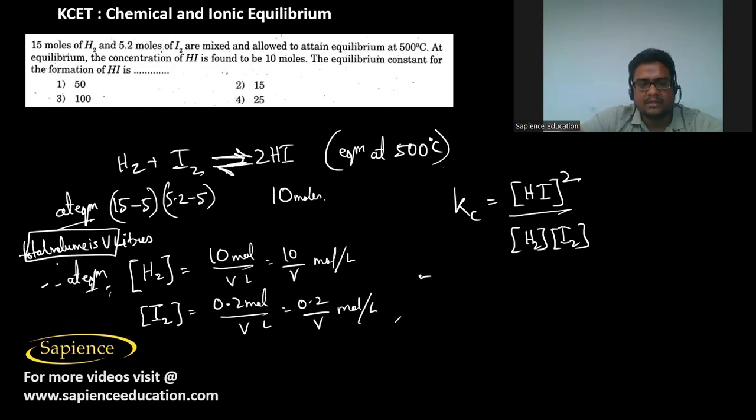And similarly, the molar concentration of HI will be equal to 10 moles divided by V liter, so that is also 10 by V mole per liter.